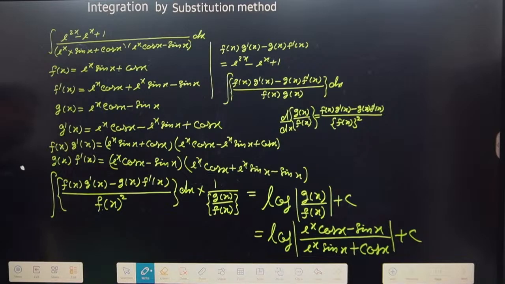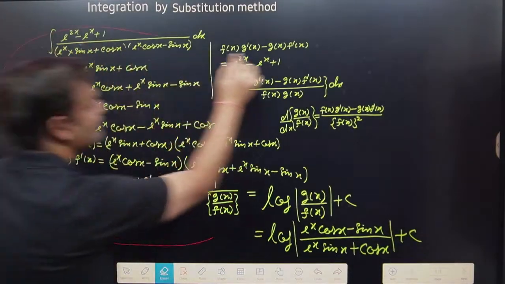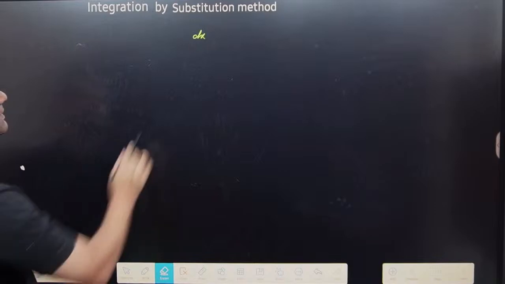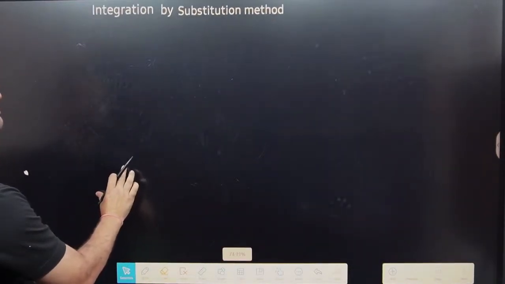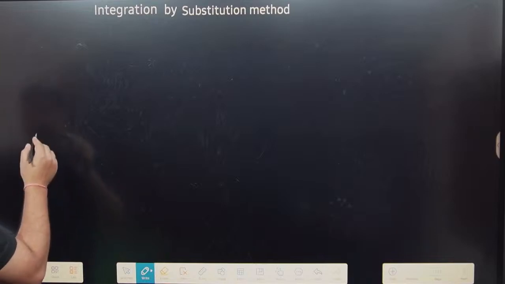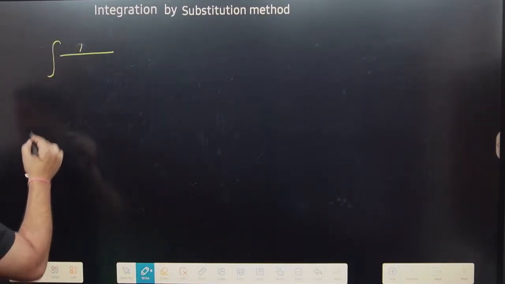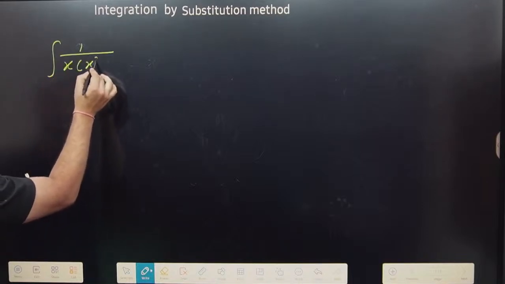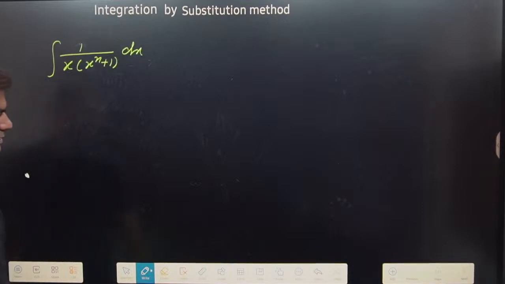Now I will focus on another problem. How can we solve an x into x to power n plus 1 type problem?